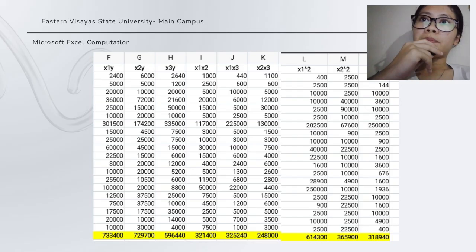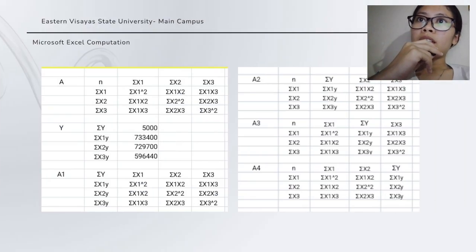So with that, for the next slide, we have here the formula wherein if masubstitute natin ang error values based sa atong table, makakuha natin yung determinant. The determinant is important para makuha natin ang variables ng multiple linear regression equation.